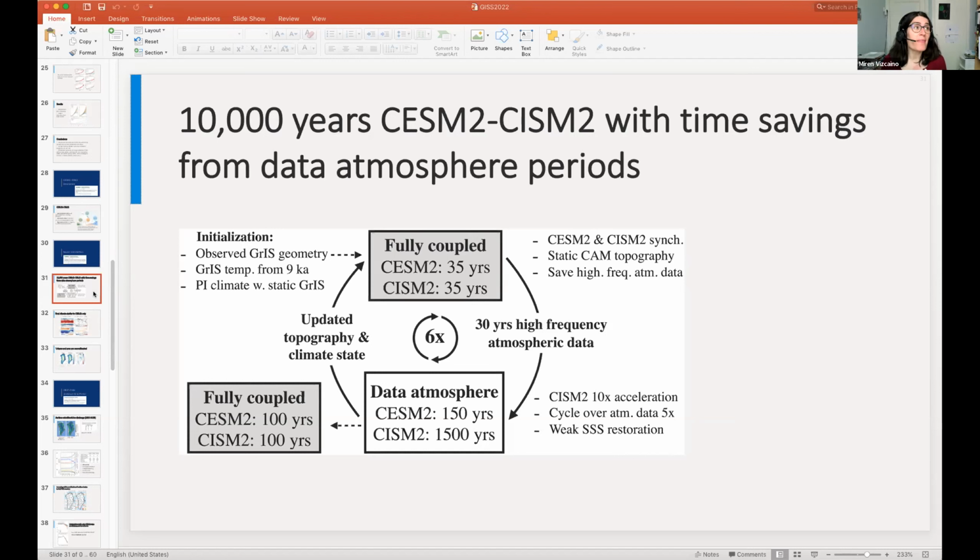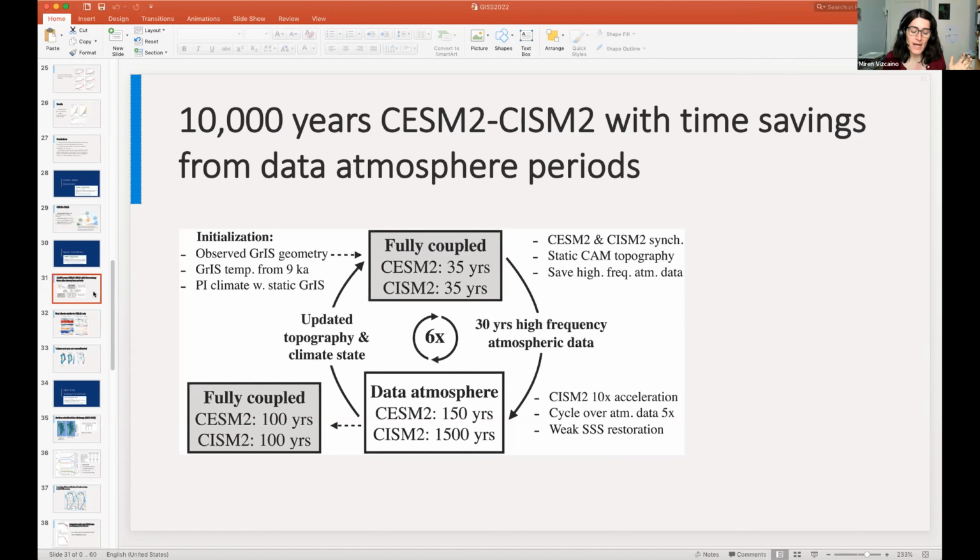Yes. One thing is that the initial state for the ice sheet was prescribed. It was the present day ice sheet topography and the thermal state, so the temperatures were coming from a spin up that was using the community ice sheet model 1, and that model was running with the shallow ice approximation.